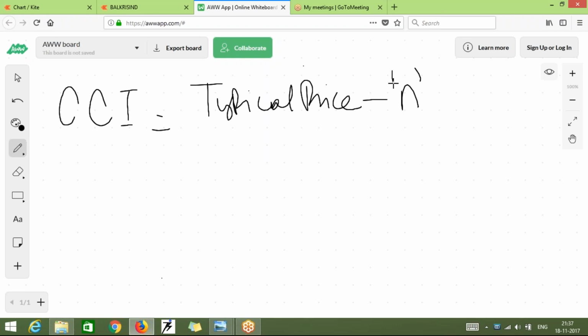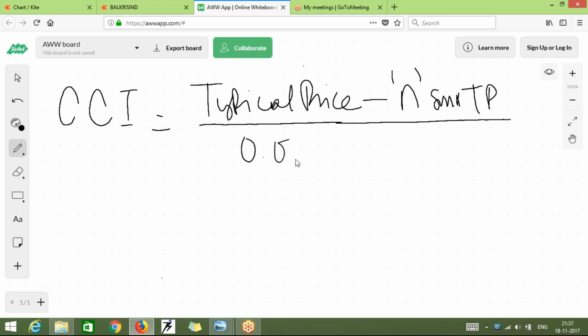I don't want to go deep into these formulas because we would need to know what mean deviation is. We all have read about mean deviation in school. The 0.015 can be changed, but as per the formula it is kept as default.